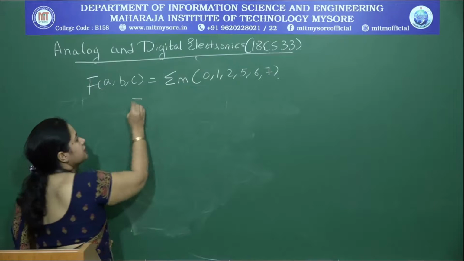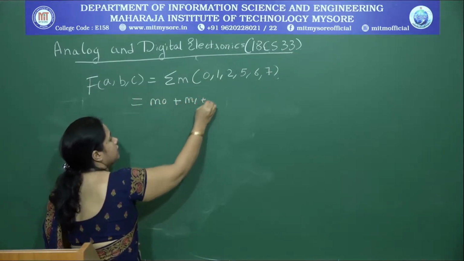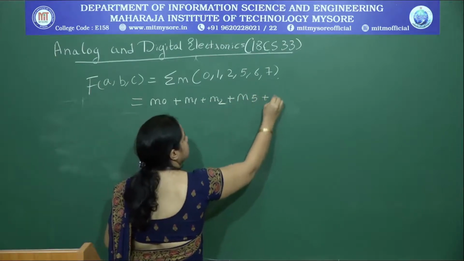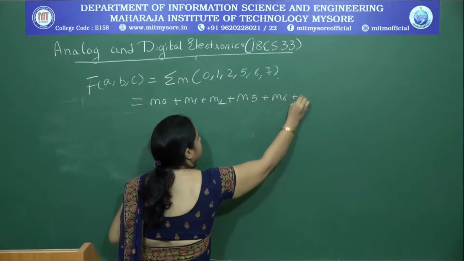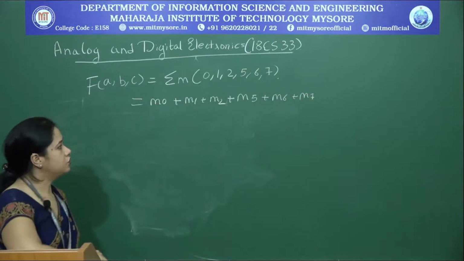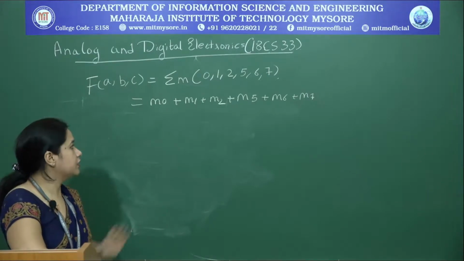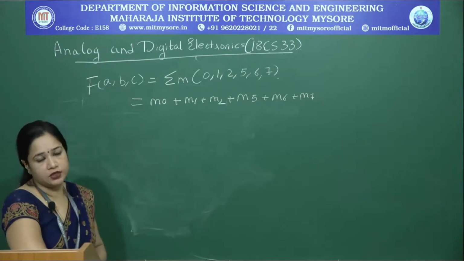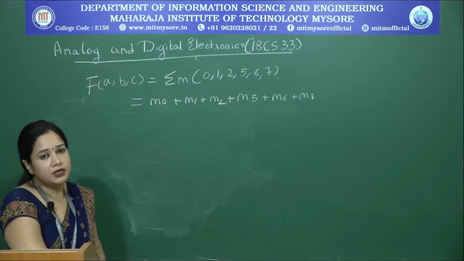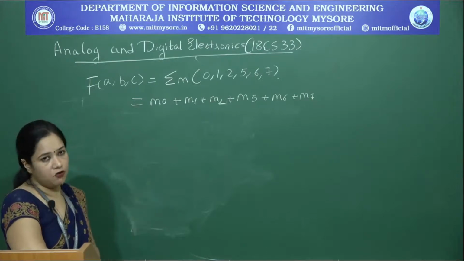If I expand this, it is going to be M0 plus M1 plus M2 plus M5 plus M6 plus M7, where M0, M1, M2, M5, M6, M7 are the product terms which are summed together. So this is the sum of products representation. An expression given in min terms is going to be an expression in sum of products form.